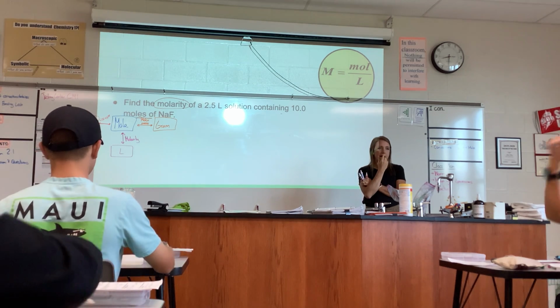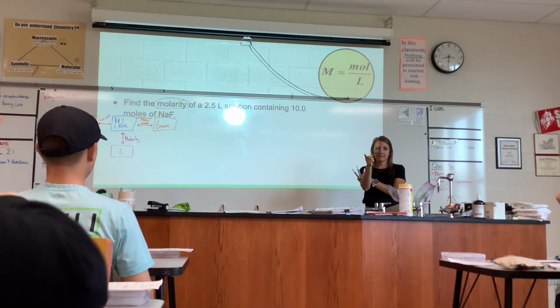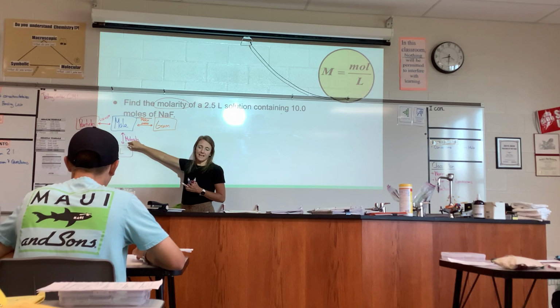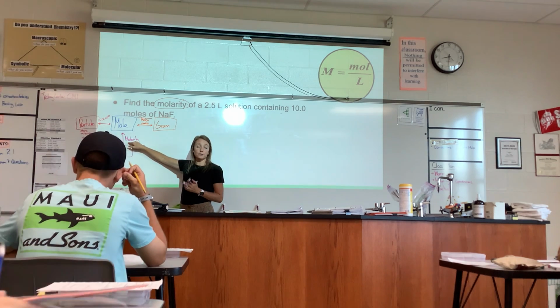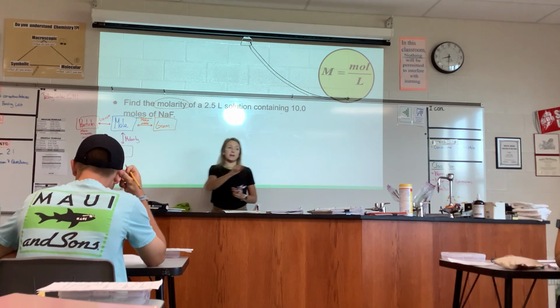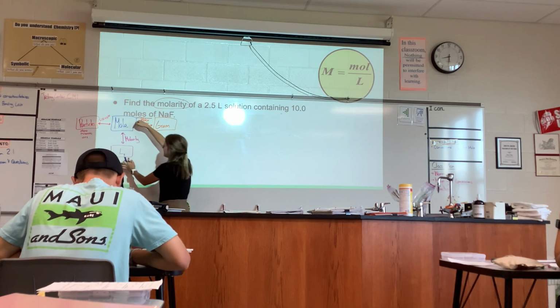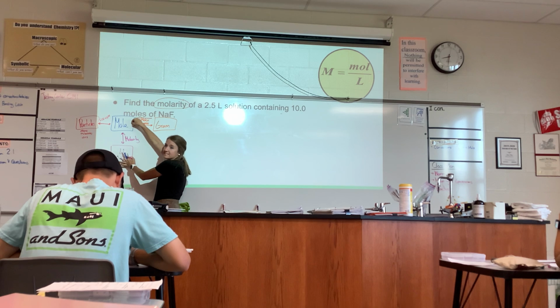Where's molarity on our map? Kind of like the middle. Yes, it's in the middle. It's a road. When you're finding a road, it's not going to be a travel connected process. We just need to bring two things together.